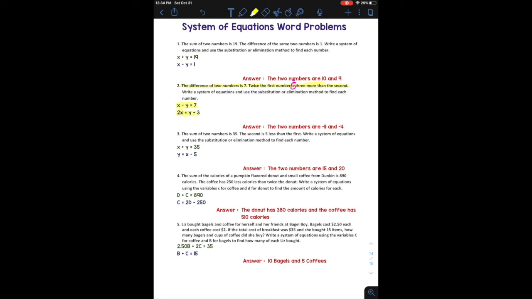Remember, you got to keep these in order since in the first equation, x was my first number and y was my second. That has to stay the same for the second equation. You could use either elimination or substitution.